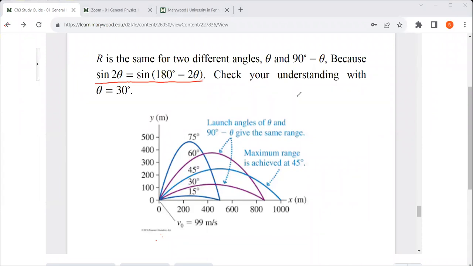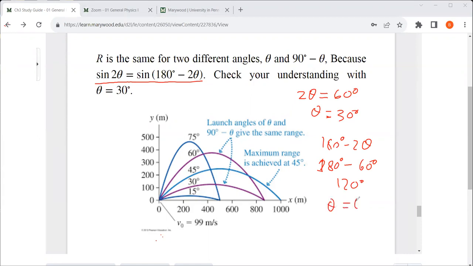Now if 2 theta is equal to 60 degrees, then theta is equal to 30 degrees. For 180 degrees minus 2 theta, that means 180 minus 60 is 120 degrees, so theta is 60 degrees.